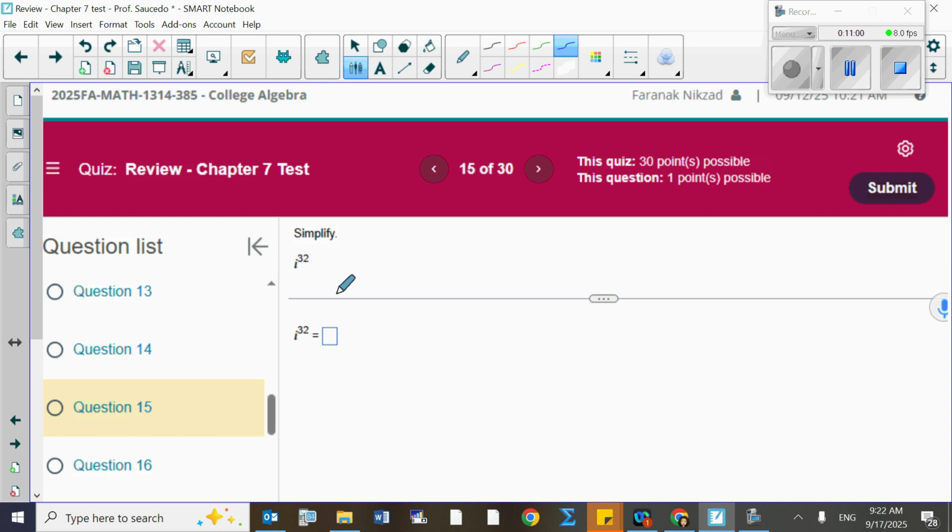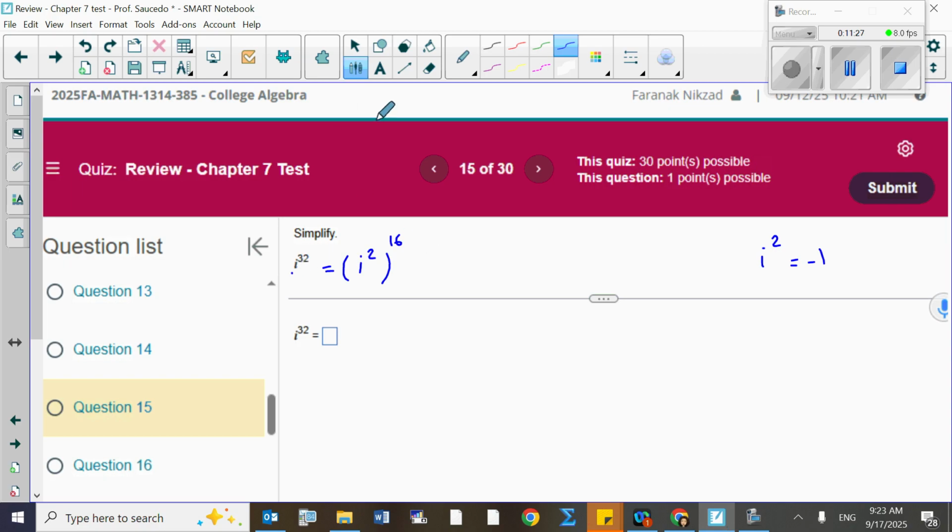We want to simplify i to the power of 32 here. So all we know about i is i to the power of 2 is equal to negative 1. So we're trying to extract i to the power of 2 from this expression. So you know that i squared to the power of 16 will be equal to i to the power of 32.